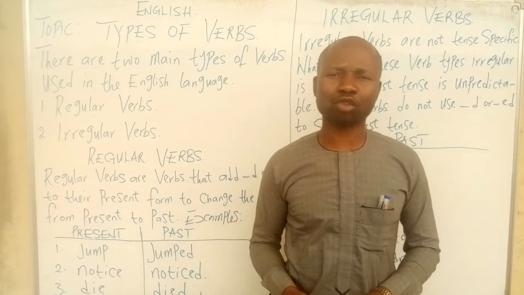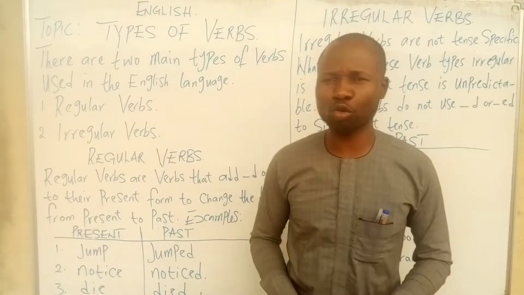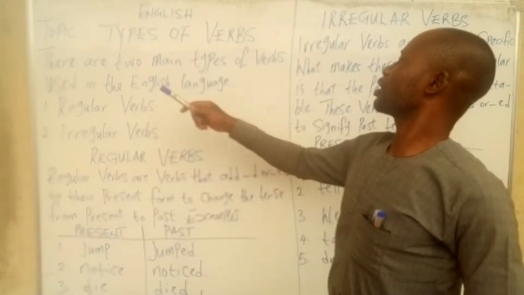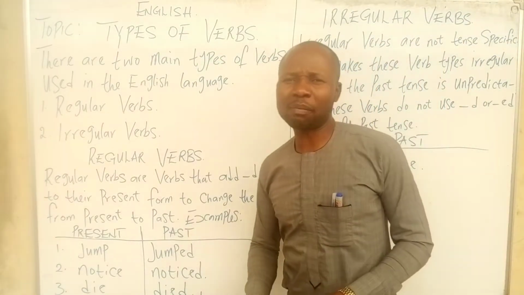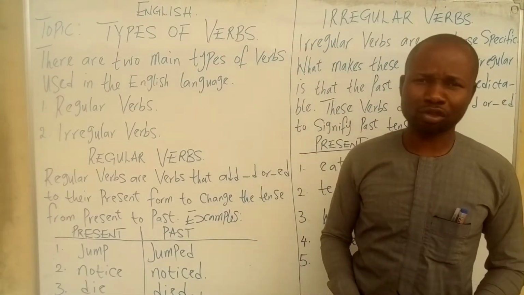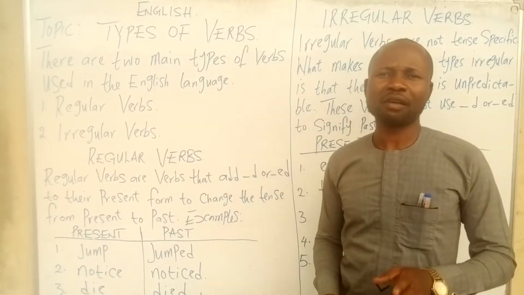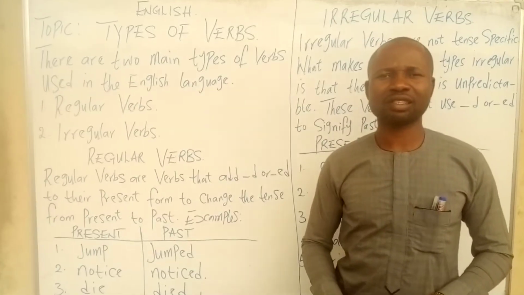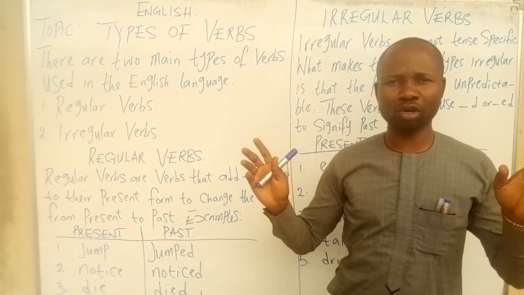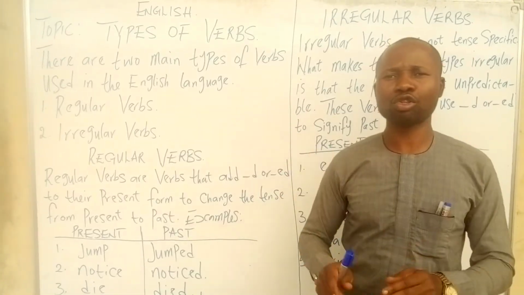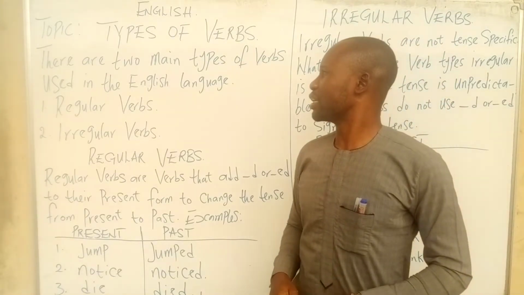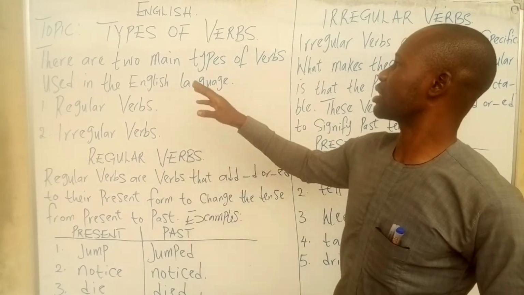Because of time, I would like to go straight to what we have today, called types of verbs. No one can talk about verbs without talking about the definition. A verb simply means an action word or a doing word. It does two things: action or doing. Now, in this video, we are going to look at types.